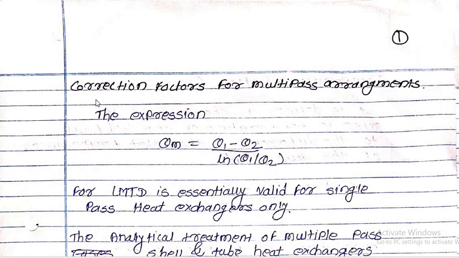But in the case of shell and tube heat exchangers, there are multiple passes of the tube fluid inside the shell. In that case the expression theta m equal to theta 1 minus theta 2 divided by ln of theta 1 by theta 2 provides incorrect information about the mean or appropriate temperature difference.